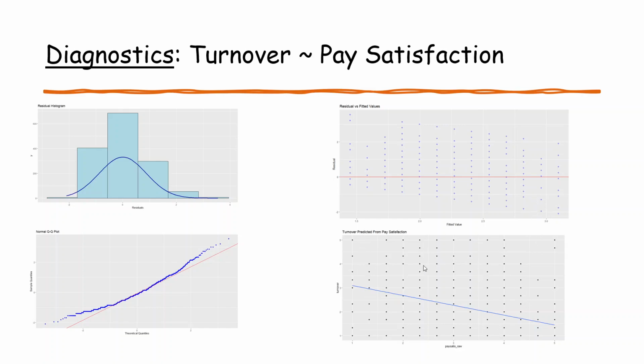This is the scatter plot of our actual data, pace satisfaction on the bottom, the x-axis, turnover intentions on the top. We can see that as we get towards the lower predicted values of turnover intentions, right? Because remember, turnover is on the y-axis, so this is the lower fitted values or the lower predicted values of turnover intentions. Look at this right here, okay? These are the actual observations, and what we're seeing is that our model doesn't appear to be predicting all that well. Now, part of this is due to the fact that our data can only range from 1 to 5, right?